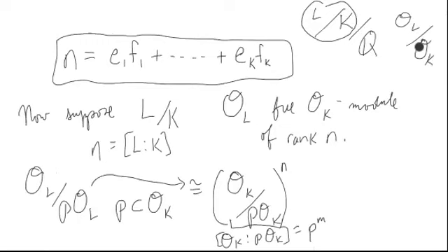So a prime in OK extends to primes that lie over it in OL, just like what we were just doing, looking at primes in Z and primes that were over them in OK.